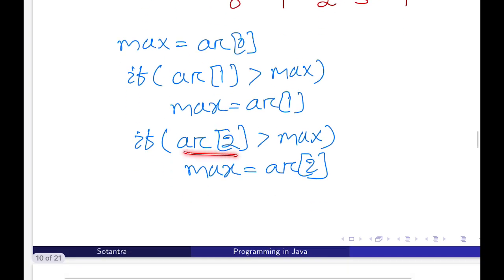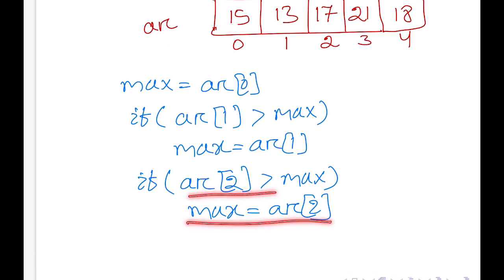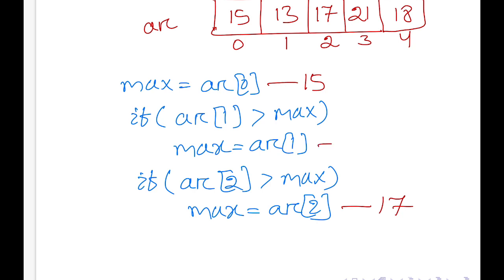So 17 greater than the present maximum, which is 15. So maximum equal to AR of 2. As this condition is satisfied, update the value of maximum. So here the value of maximum becomes 17, and before it was 15.